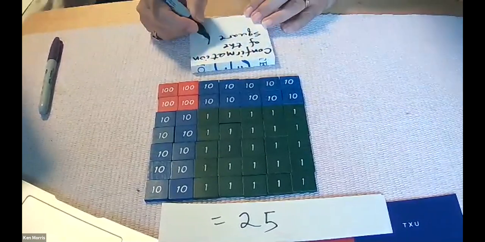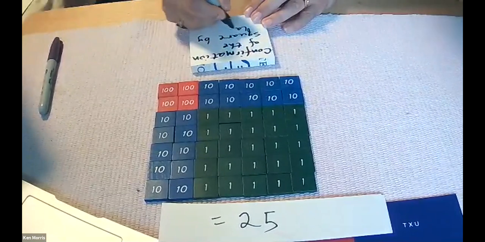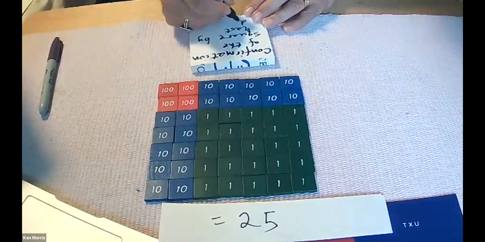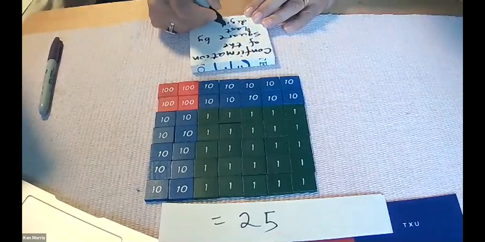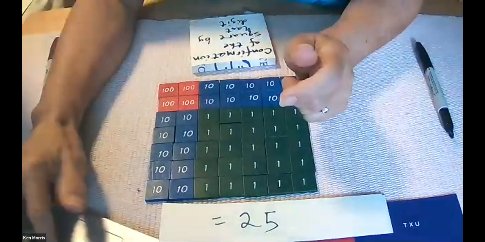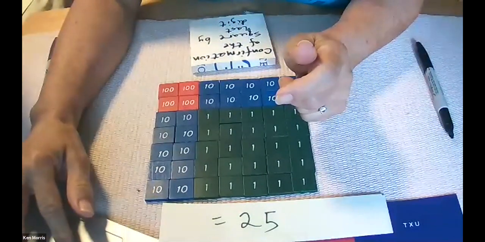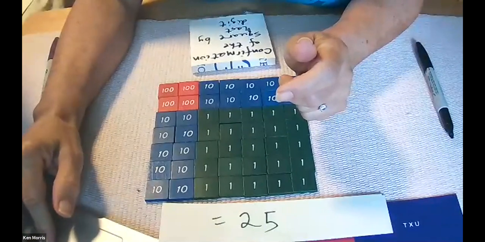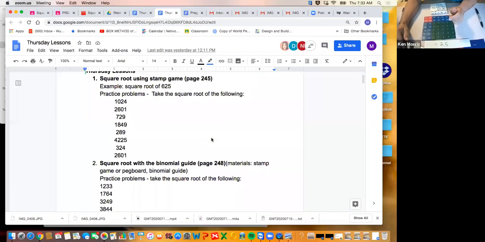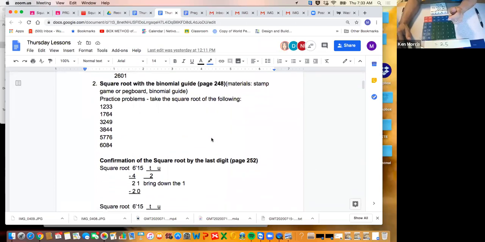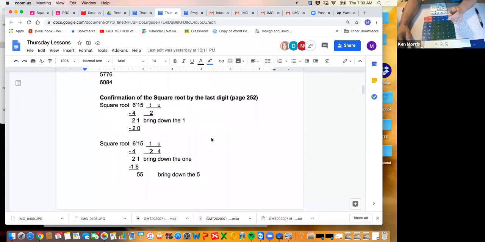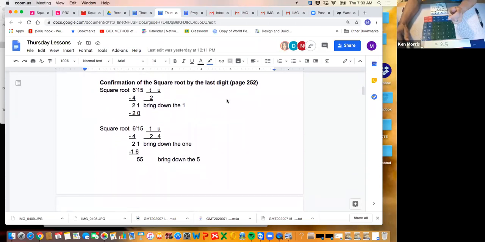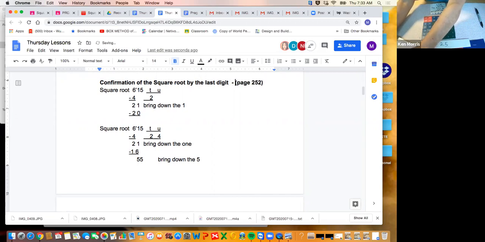I hate that title. Let me share my screen. I want you to see this, and I want to change it a little bit. We are right here: Confirmation of the square root by the last digit. We're going to give this an alternate title, since that's the title in the textbook.